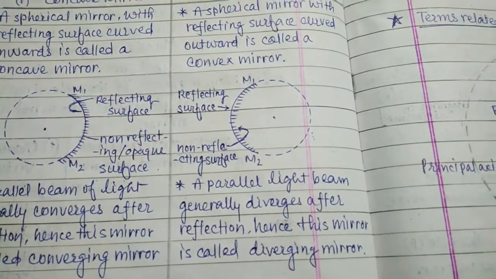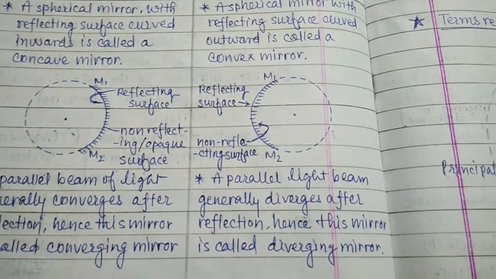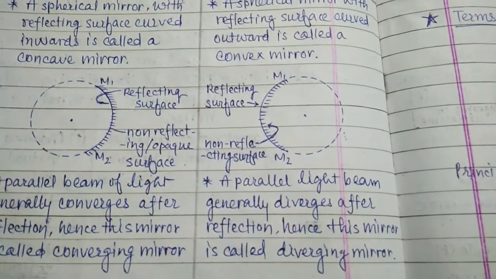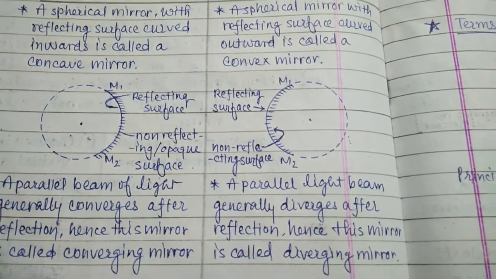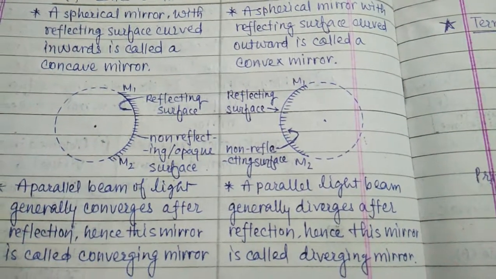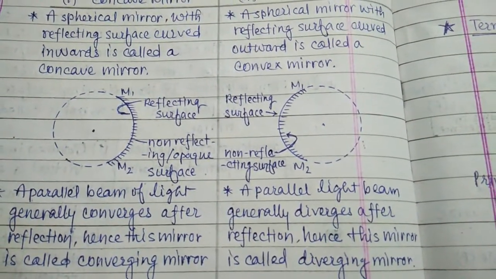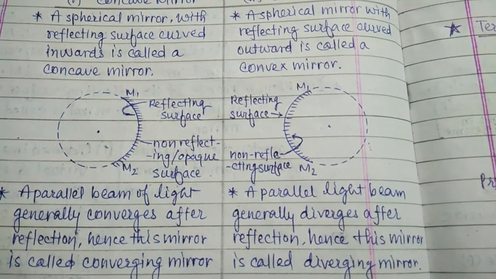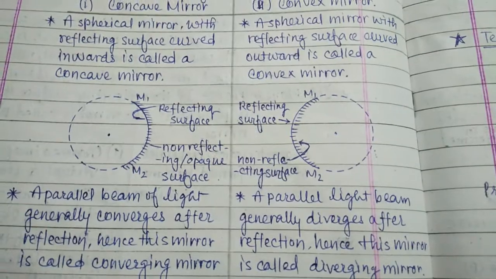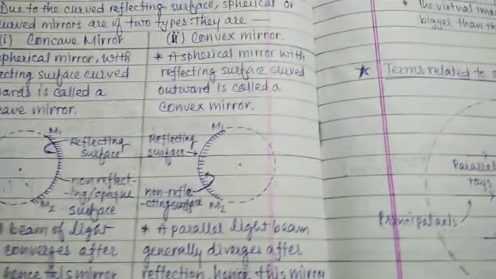And in a convex mirror, a parallel light beam generally diverges after reflection, hence this mirror is called the diverging mirror. Here the incident rays after reflection move outside, but if we extend them backward, they appear to meet at a point.